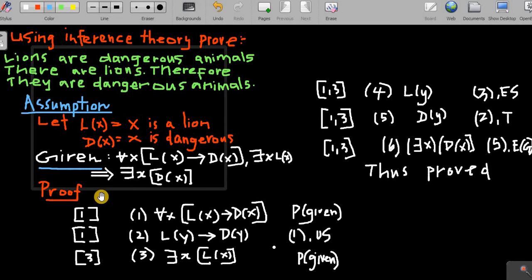Okay, so we will prove now. Two premises are given to us. For all x, L of x implies D of x. And the second premise given to us is there exists x, L of x. With these two premises, we have to prove that there exists x, D of x.